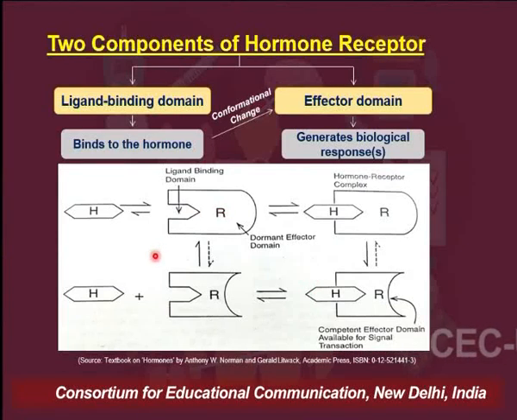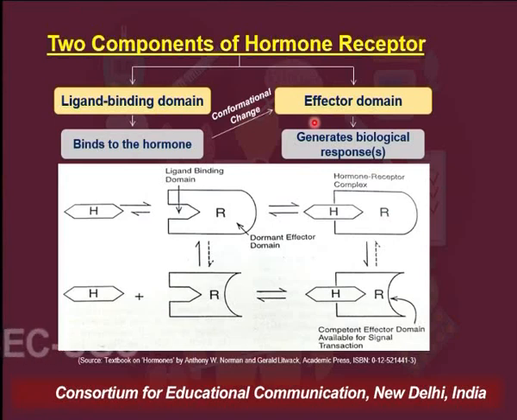As you can see in this figure, a hormone is going to bind to the ligand binding domain of the receptor. Upon binding of the hormone with the receptor, there is conformational change in the effector domain, and this effector domain is now capable of generating the biological response. So, there are two components of hormone receptors. One is ligand binding domain and the other one is the effector domain.